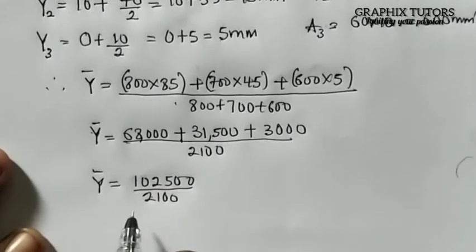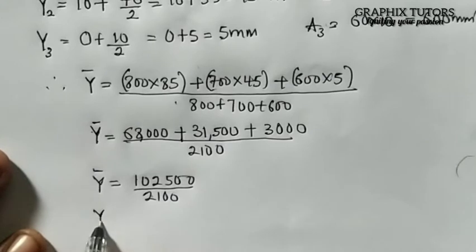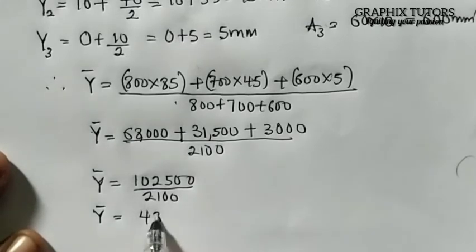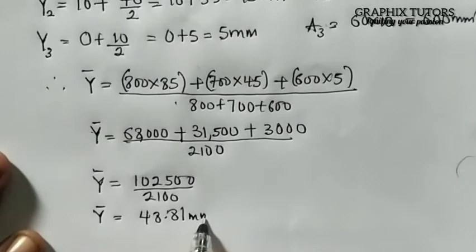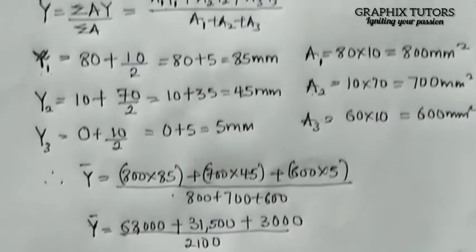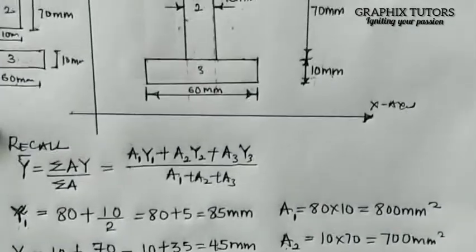So my y bar will now give me 48.81 millimeter. That is my center of gravity along y-axis, right?